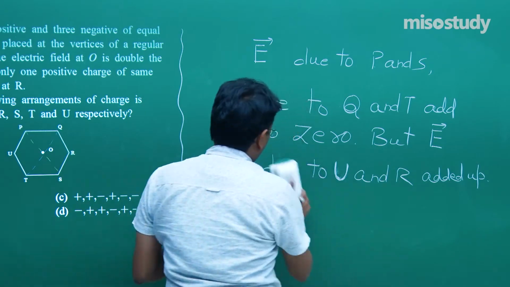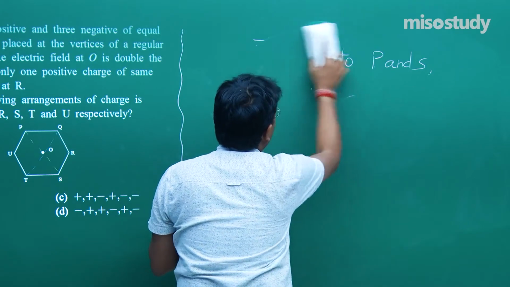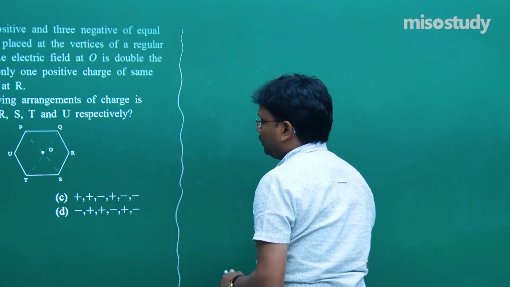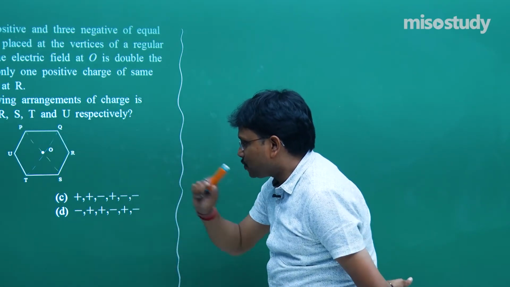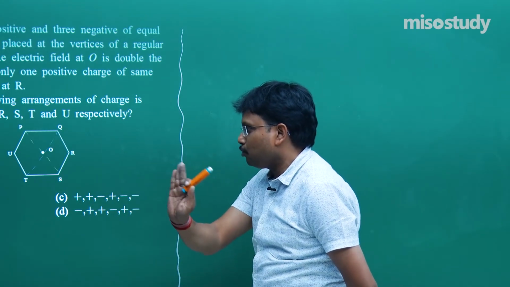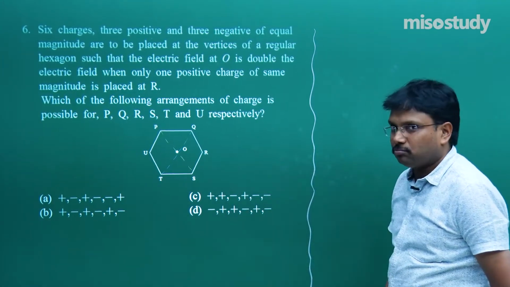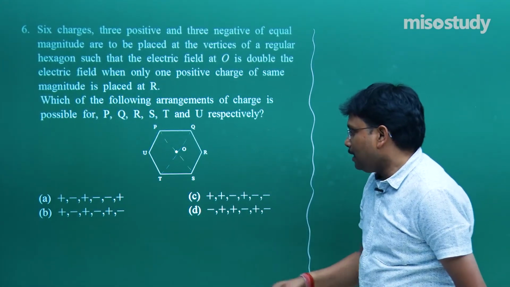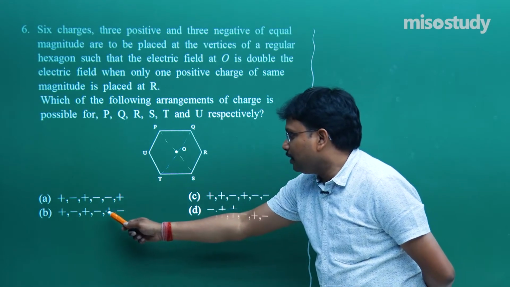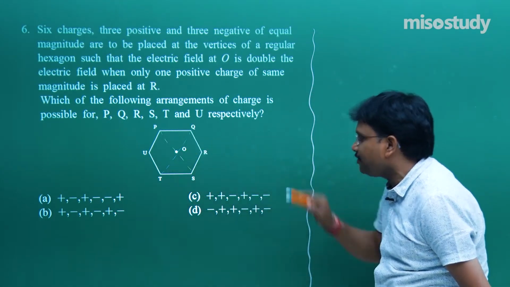Fine. So from here, if we try to check it, then the best option is two positive charges close to each other. No, no, no, no. Two negative charges close to each other. No, not possible. And then positive negative charges, but what am I doing? I am cancelling these charges.